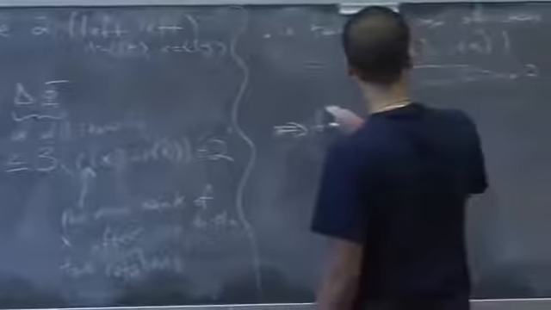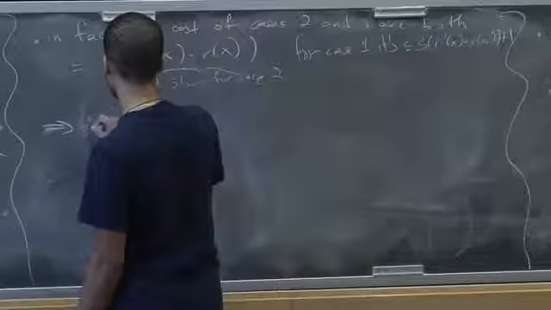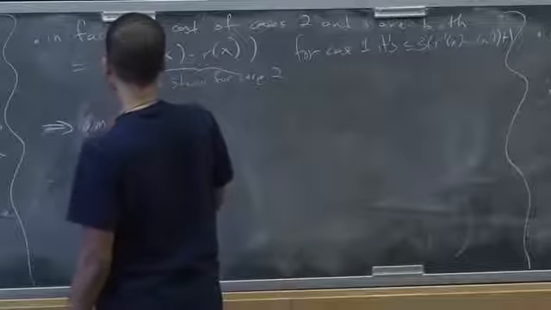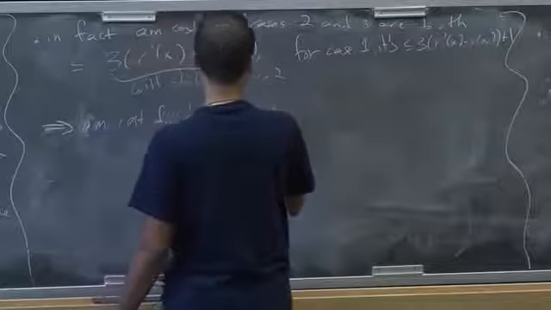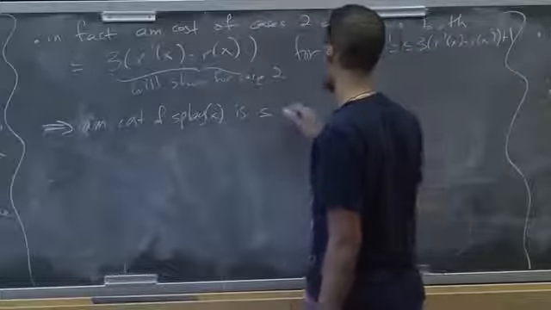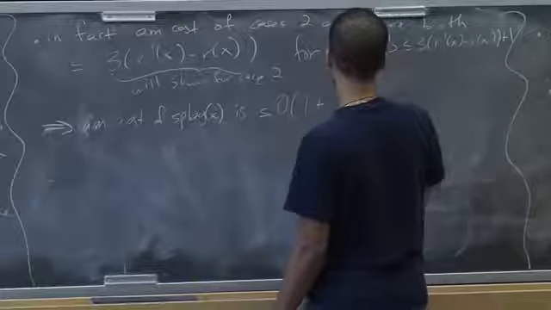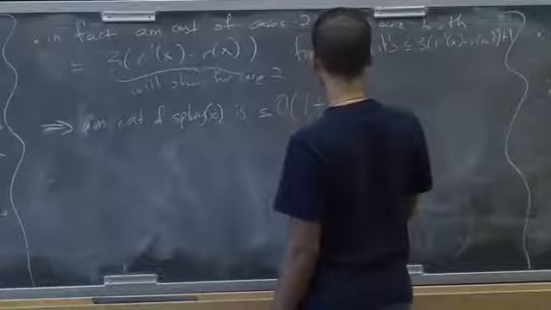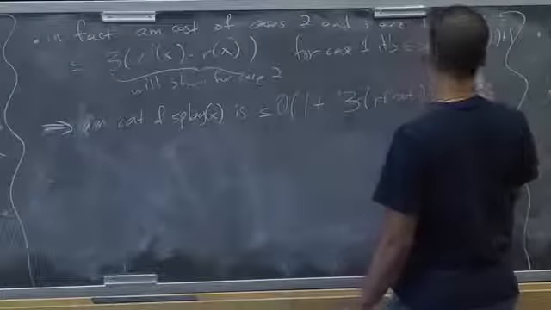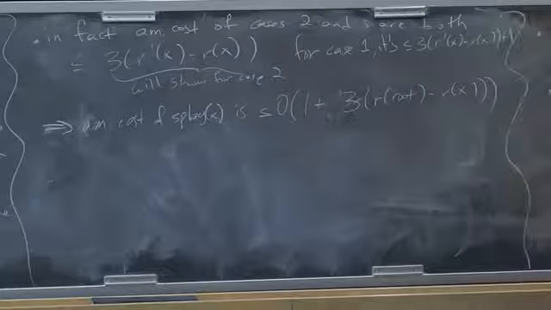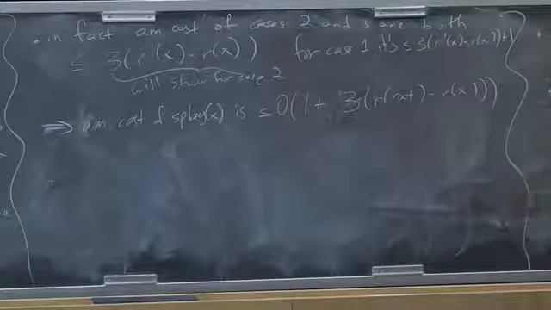So let's see. That implies that the amortized cost of splay x is at most O of 1 plus 3 times r of the root minus r of x, which, if you remember, r of x is the log of the sum of weights in the subtree.